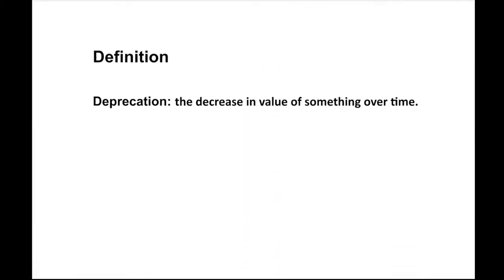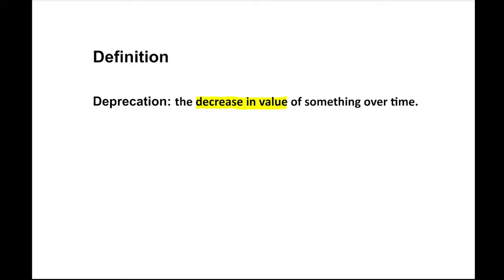So again, by definition, depreciation is the decrease in value of something over time. You could say it's the decrease in an asset. Again, an asset is just an item that has value. So an asset can depreciate over time, right?